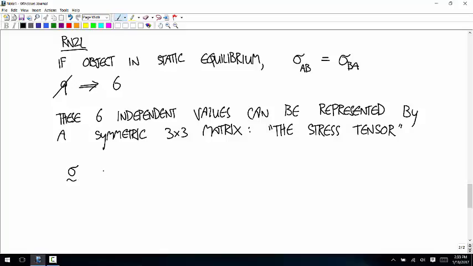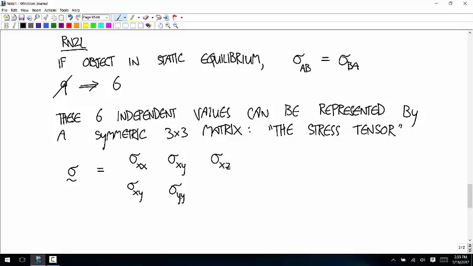and the elements are sigma xx, sigma xy, sigma xz. And now I'm going to take advantage of the symmetry of this matrix and call this next element, like you would think it would be sigma yx, but I'm going to write it xy again because these have to be equal.